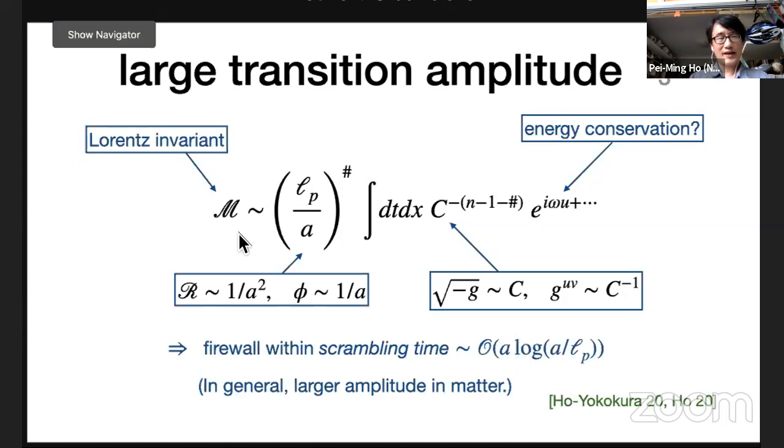And then you would have this invariant quantity, this transition amplitude, going larger and larger. And before scrambling time, it's too large to say that effective field theory is still valid.